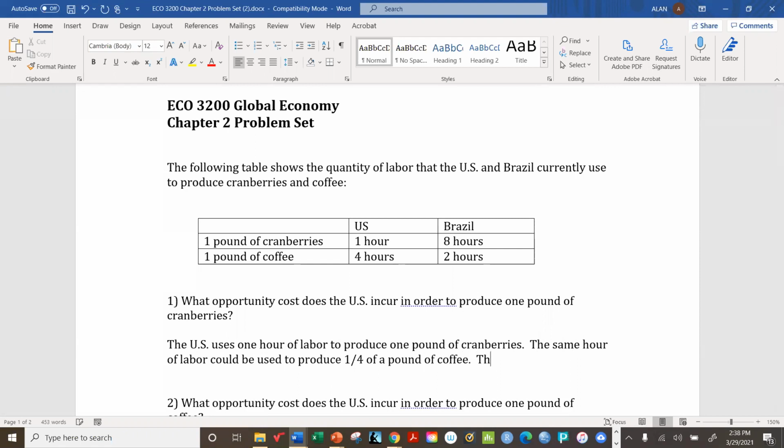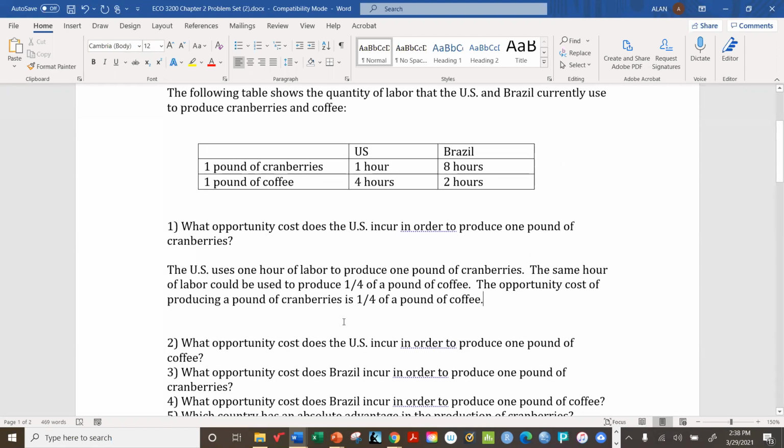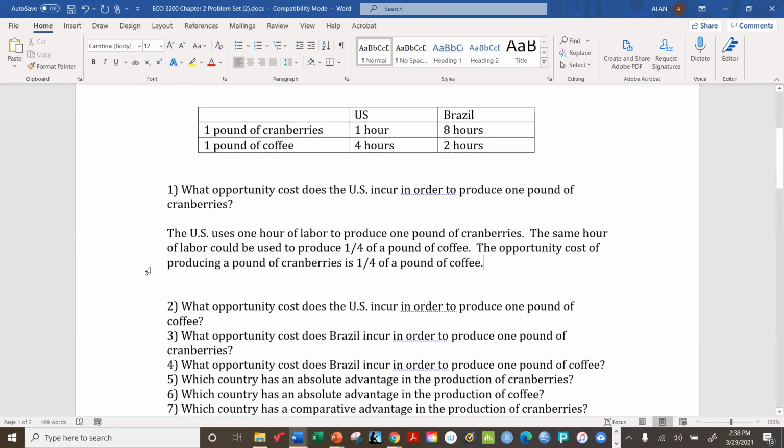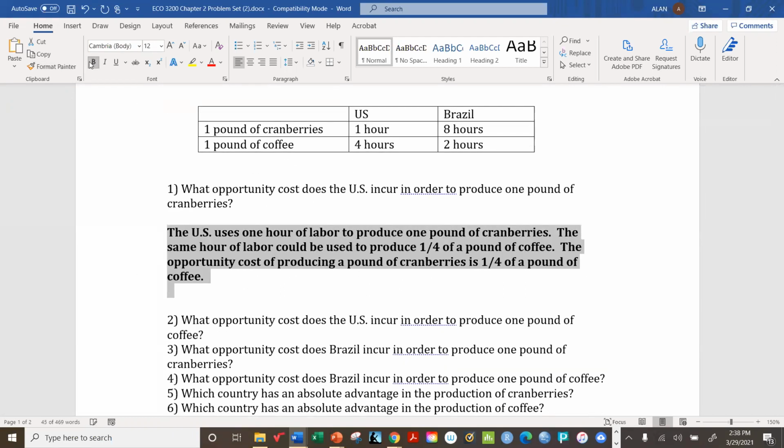So therefore, the opportunity cost of producing a pound of cranberries is 1/4 of a pound of coffee. So that's the answer right there, 1/4, which is not very high, obviously, because it's not something that the US is well suited for.